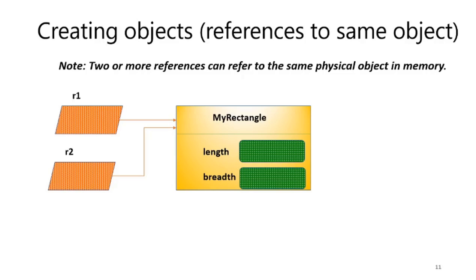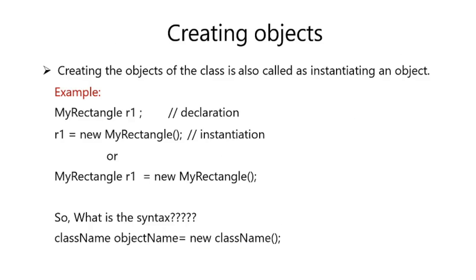The next part is references to the same object. Before that, we'll just recall this slide. What are the two steps for the creation of the object? First one, declare a variable of class type. That means here you have declared the variable MyRectangle R1. And what is the second step?